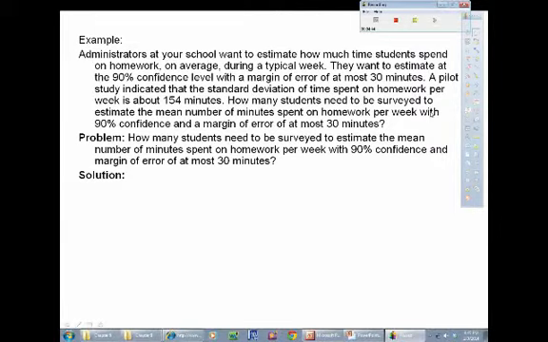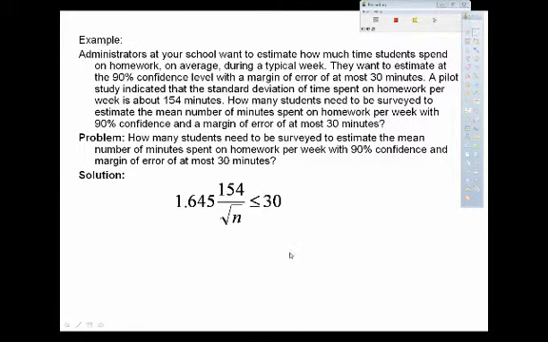Okay, so here's the problem. How many students need to be surveyed to estimate the mean number of minutes spent on homework per week with 90% confidence and a margin of error of at most 30 minutes? We're going to use this formula. The 1.645 comes from either your calculator or Table A, using 90% confidence.